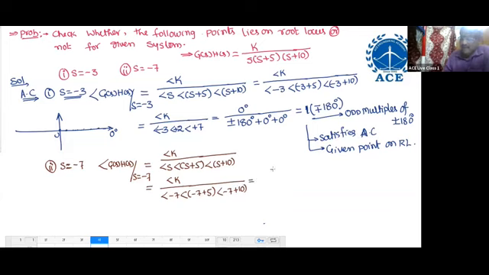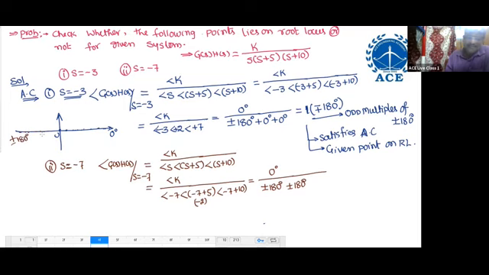Angle K is 0 degrees divided by the angle of minus 7, which means plus or minus 180 degrees. Angle of minus 2 means again plus or minus 180 degrees. Any point on the negative real axis gives plus or minus 180 degrees.